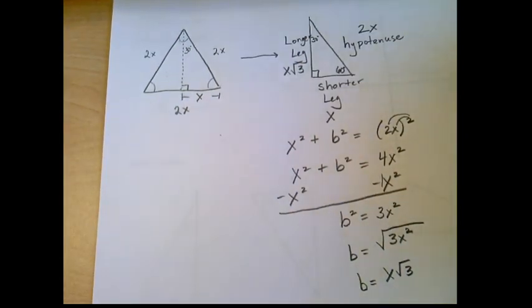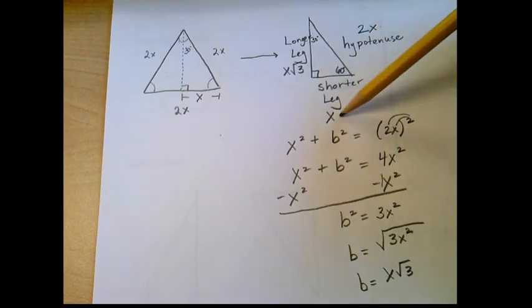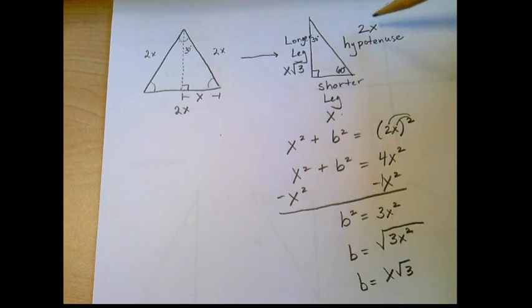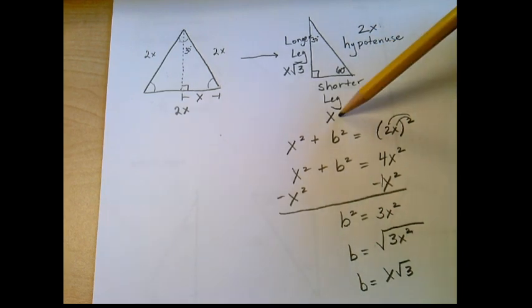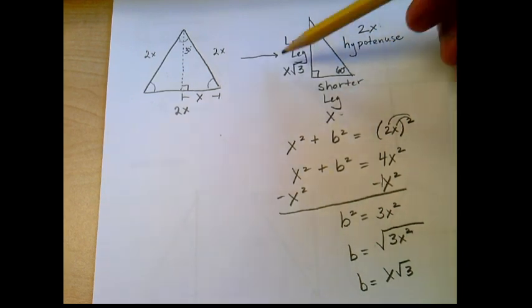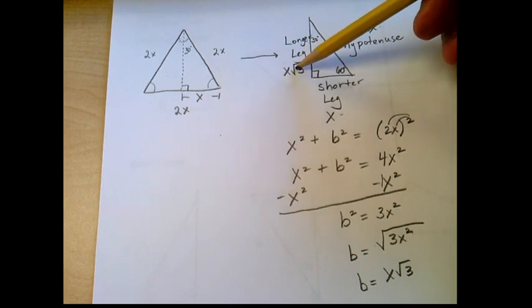All right. So if I was to tell you that this is 10, what would this length have to be? It'd be 5, half as much, right? If this is 2x, and that's 10, then x would just be 5. And if x is 5, this is 5 square root 3.